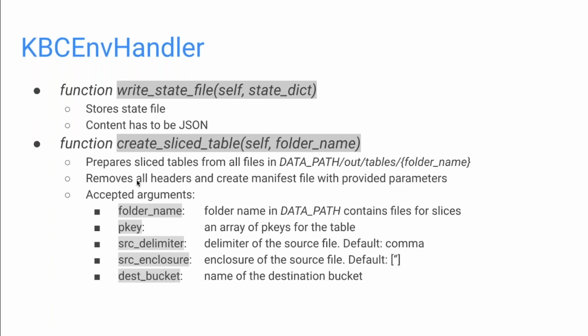It will remove all the headers and create a manifest with provided parameters. This function accepts as arguments the folder name where the slice files are located, and what kind of primary keys you wish this table to have. There is also delimiter, enclosure, destination bucket. You can define all of these in here.